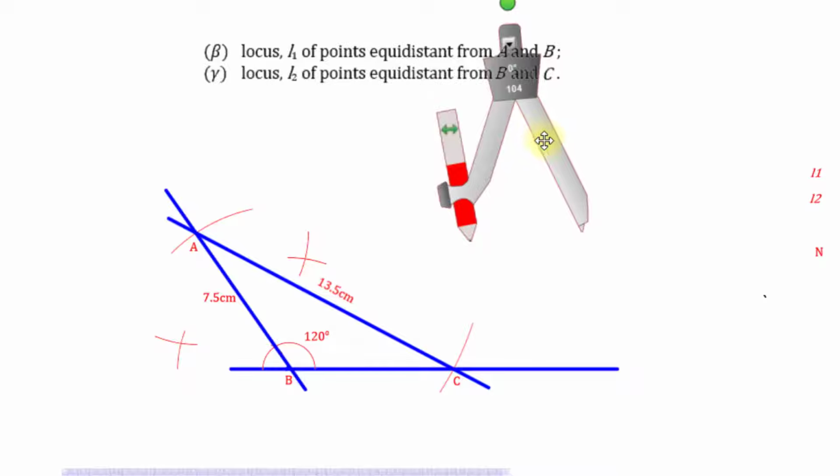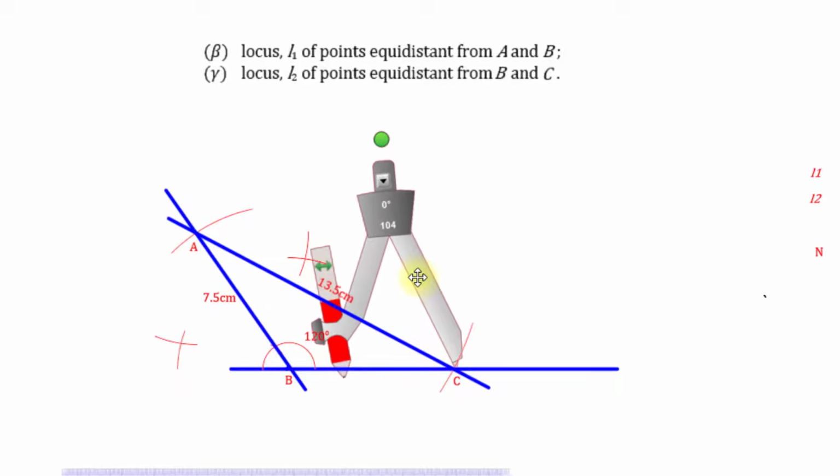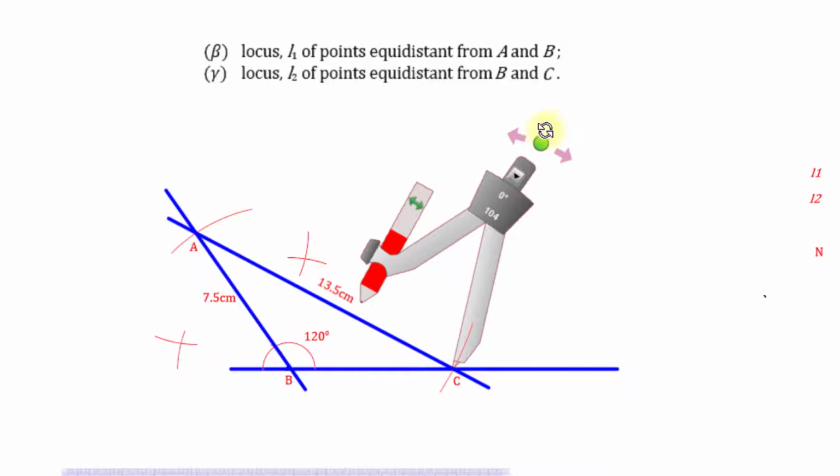So in the same way, we can just do the same to point BC, because we are also going to find the locus of points equidistant from line B and C. So that means we are looking for the perpendicular bisector of the line BC. So I'm just using the same arc because I think it will be appropriate.